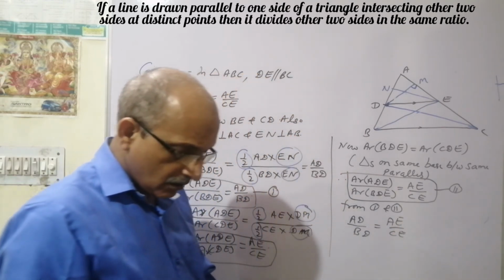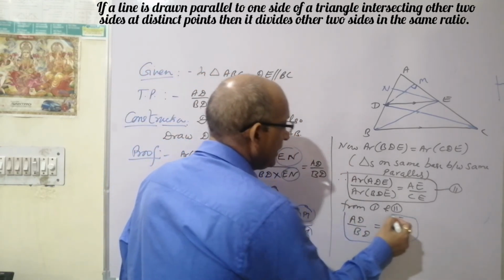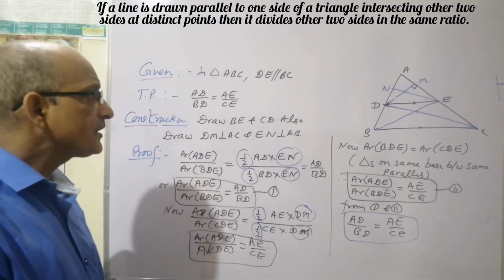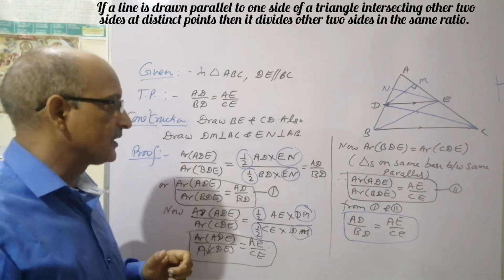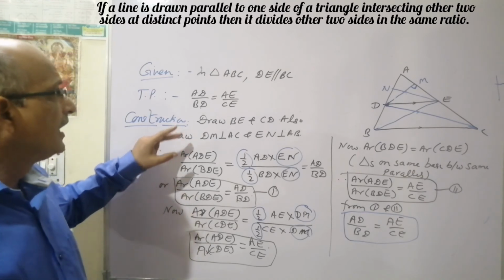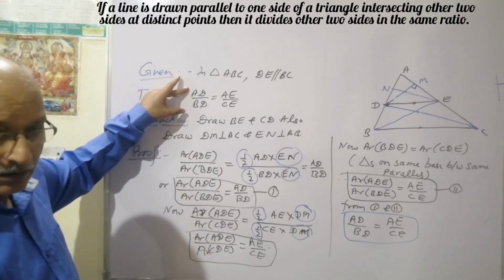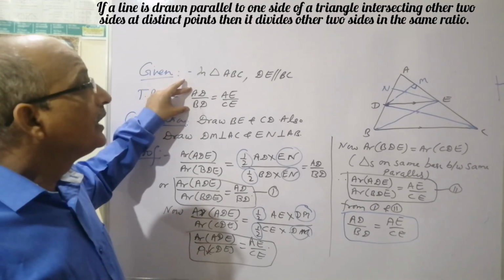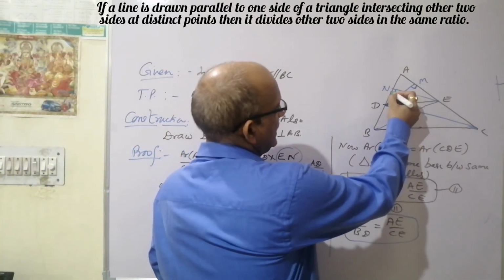Isn't it easy? We have to approach logically, and I would like to give you a hint of what I have actually done. First of all, we have to compare the areas. So first I take ADE upon BDE. For this, AD is required. So take AD into the perpendicular height corresponding to AD, that is EN.